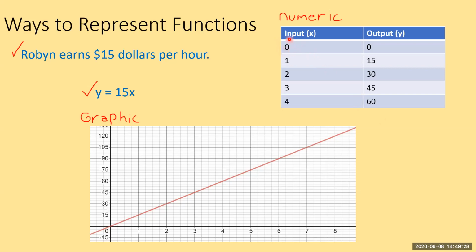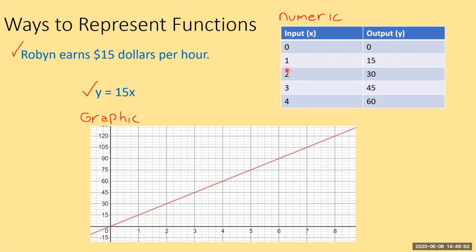So I started with the simplest thing she could have done, which would be to put in 0 hours, right? So if Robin works for 0 hours, she's gonna make 0 money. That's just the way the world works, right? And then if she works for 1 hour, well, she gets $15 an hour. She works for 1 hour. That means she's going to earn $15. So the input is 1, then the output's going to be 15.